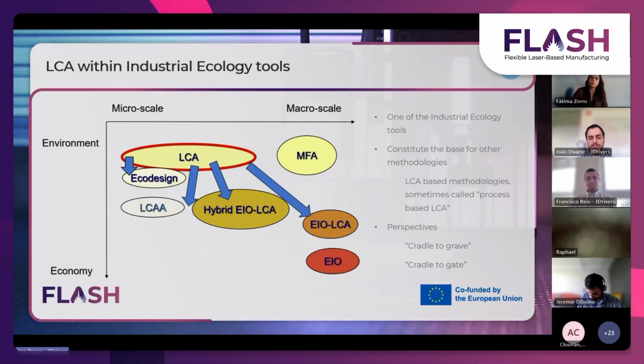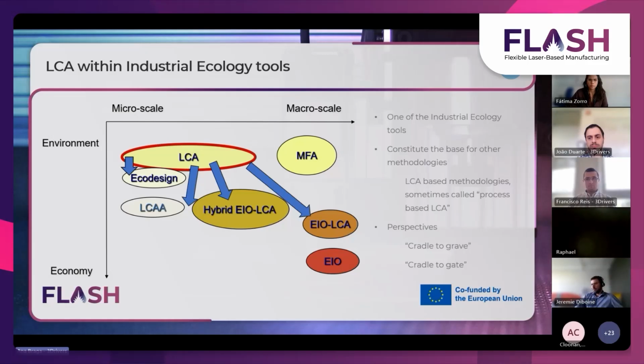You can reduce the impact in some stage, for example the utilization phase, but the production, the raw materials, or even the end of life can have impacts that will only be analyzed if they are included in a cradle-to-grave approach. However, the cradle-to-gate can also be very useful.